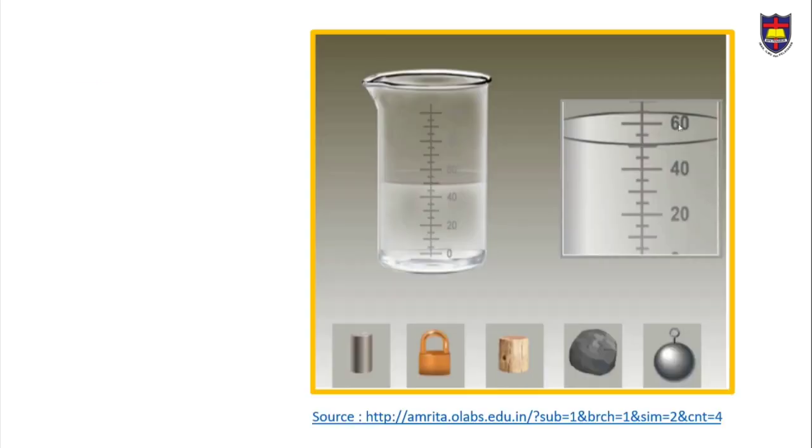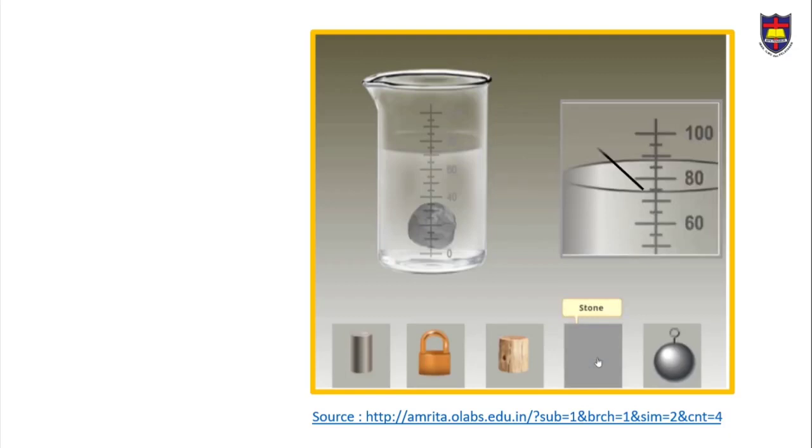In this case, we use a stone as the object. We can see that the initial volume is 50 milliliters. Dropping the stone in the graduated cylinder causes the water level to rise. The final volume is 75 milliliters.